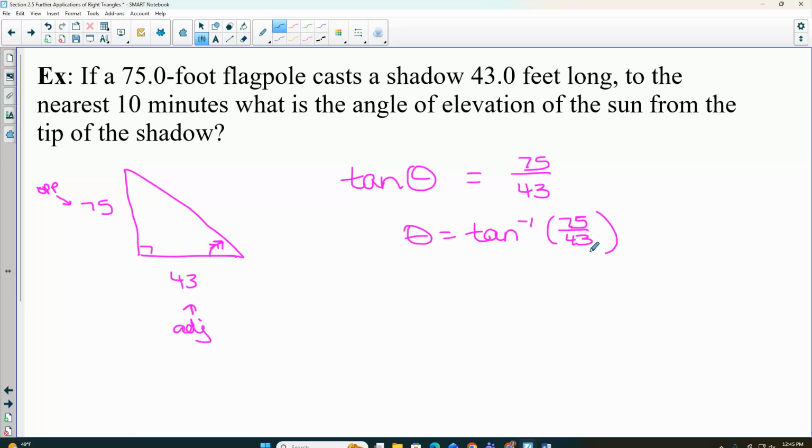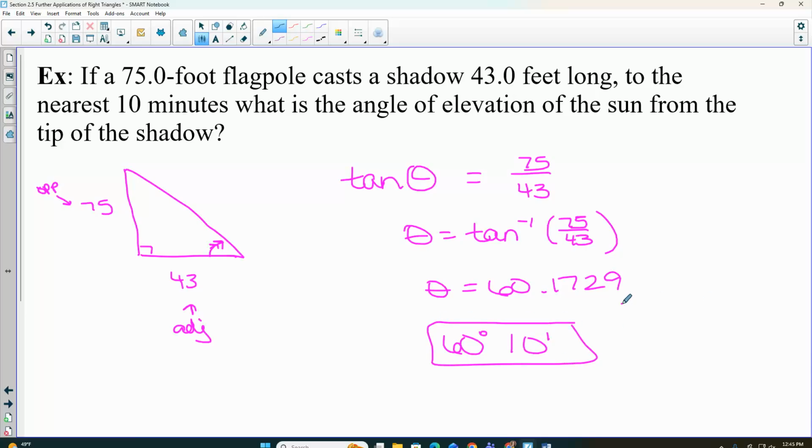All right, and for extra fun, I said to the nearest 10 minutes. So when I put this in, I get 60.1729 and some more decimals. So that's 60 degrees. How do I get my minutes? Right, 0.1729 times 60, which gives me 10.3, so 10 minutes. Any questions there?